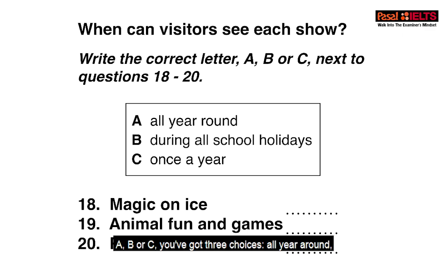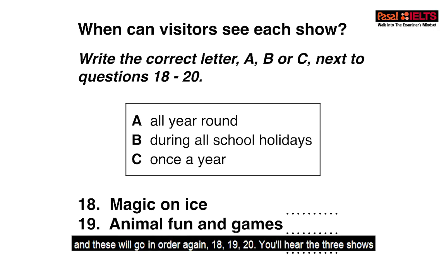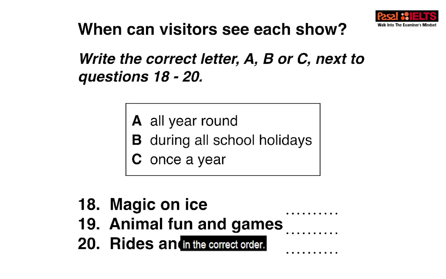A, B and C, you've got the three choices: all year round, during all school holidays, once a year, and then you've got questions 18 to 20, the names of three shows. And these will go in order again, 18, 19, 20, you'll hear the three shows in the correct order. I'm going to read it now and you listen and put the correct letter at the end in these spaces next to the questions.